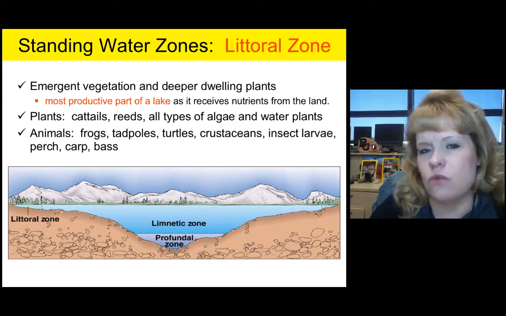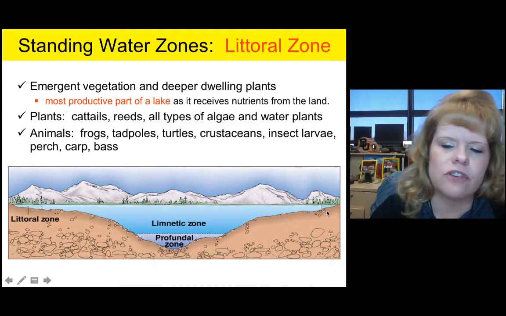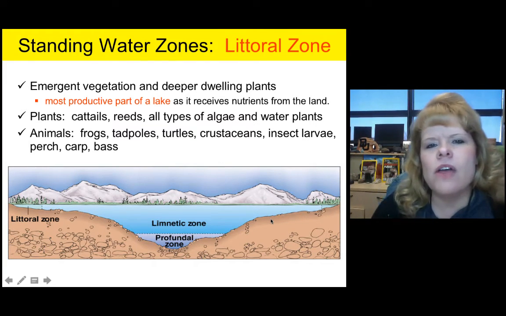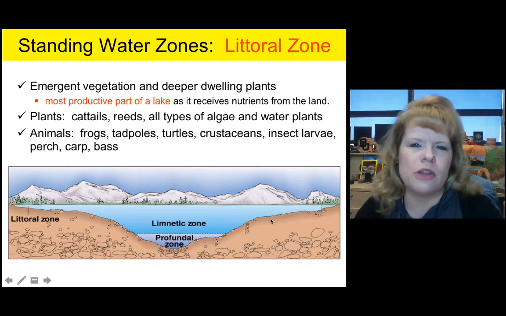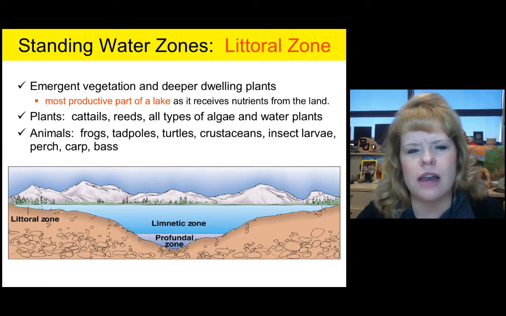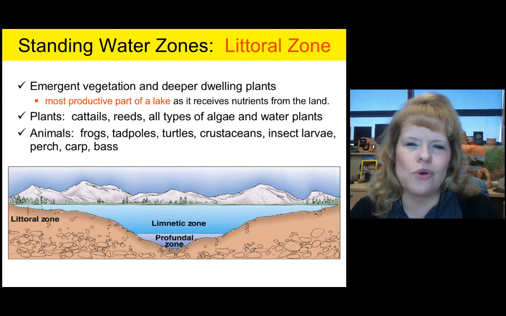If you have a healthy riparian zone, and riparian is going to be the plant life that exists at the edge of the ground into the river or lake itself, that can help absorb some of those nutrients and help prevent nutrient overloading to that lake system. So what kind of plants would you expect to see in the littoral zone?